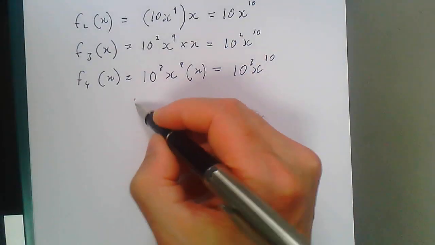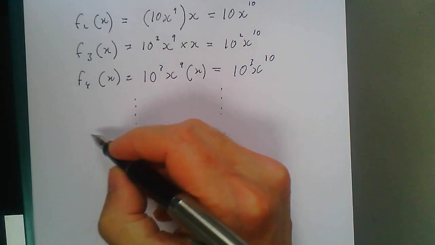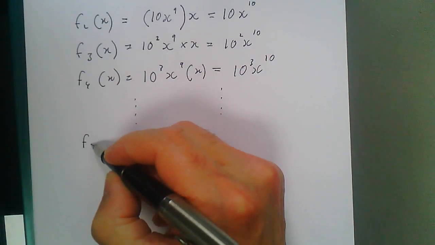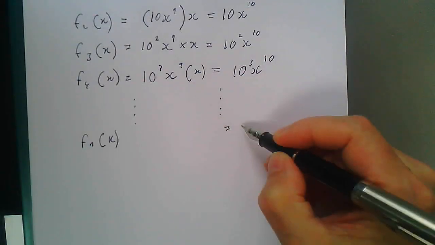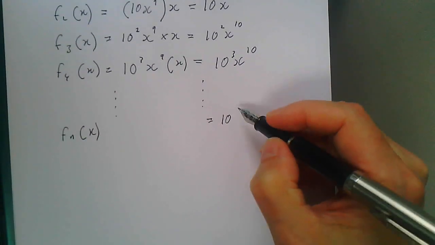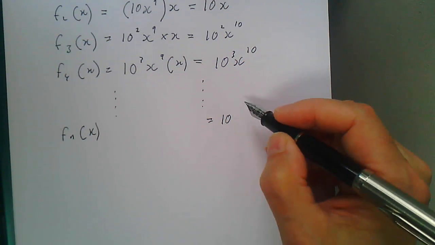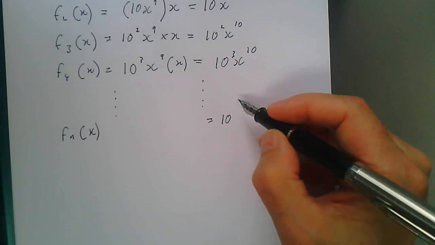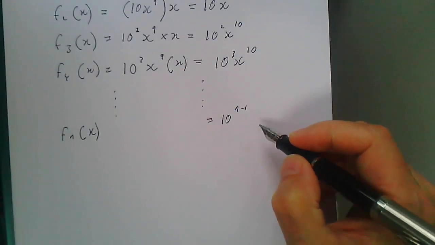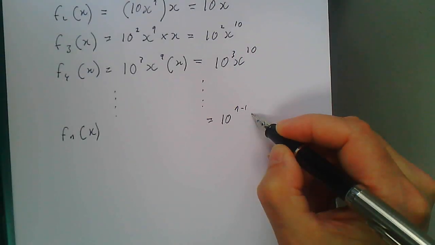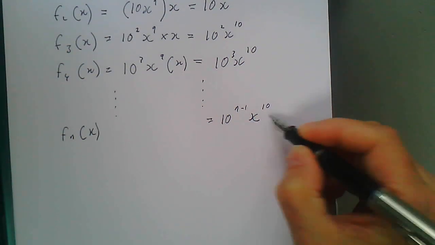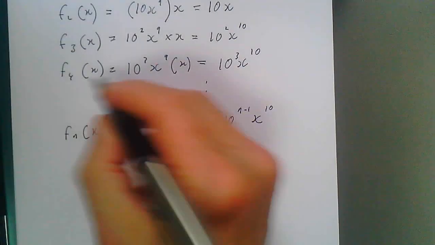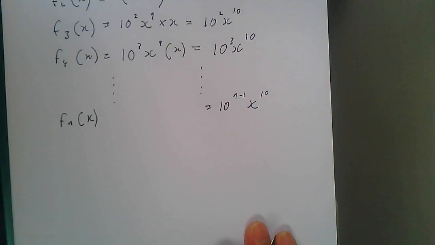So it appears, we write dot, dot, dot, that f of n equals 10 to the n minus 1 times x to the 10. The x to the 10 stays the same, and the power of 10 is always 1 less than that number there. So we get 10 to the n minus 1.